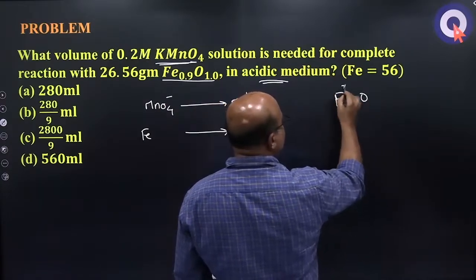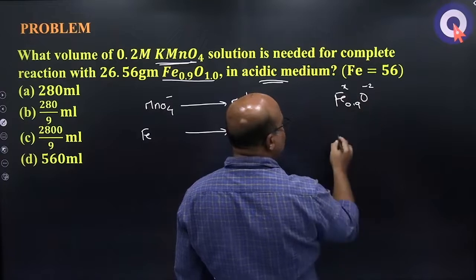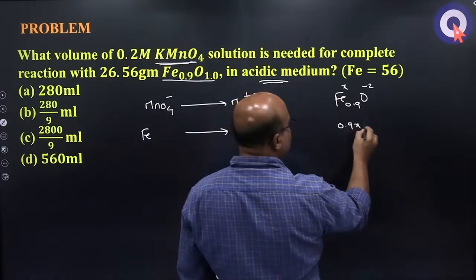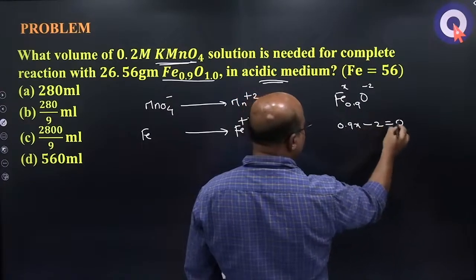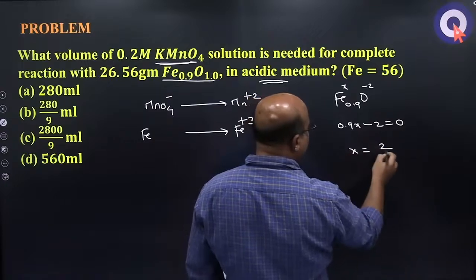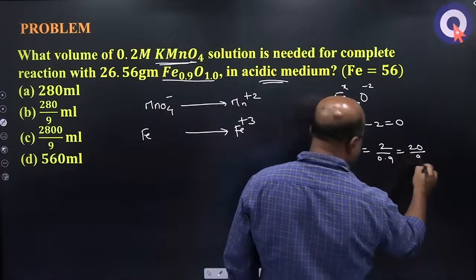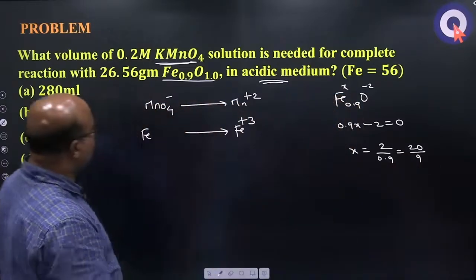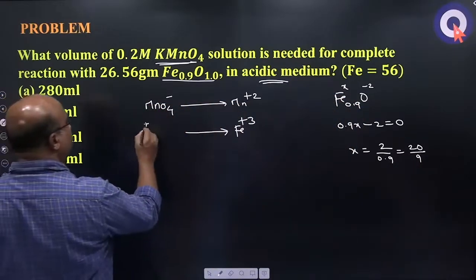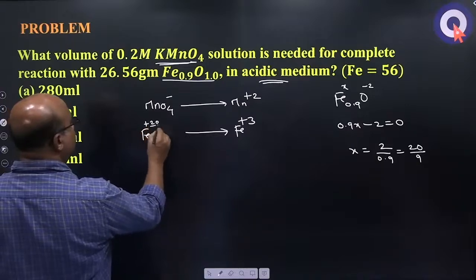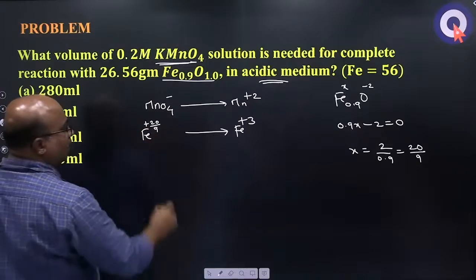If you take it as X, with oxygen -2, then 0.9X - 2 is equal to 0. So X is equal to 2 by 0.9, or 20 by 9. So the oxidation state of iron here is +20/9. Finally it changes to +3.